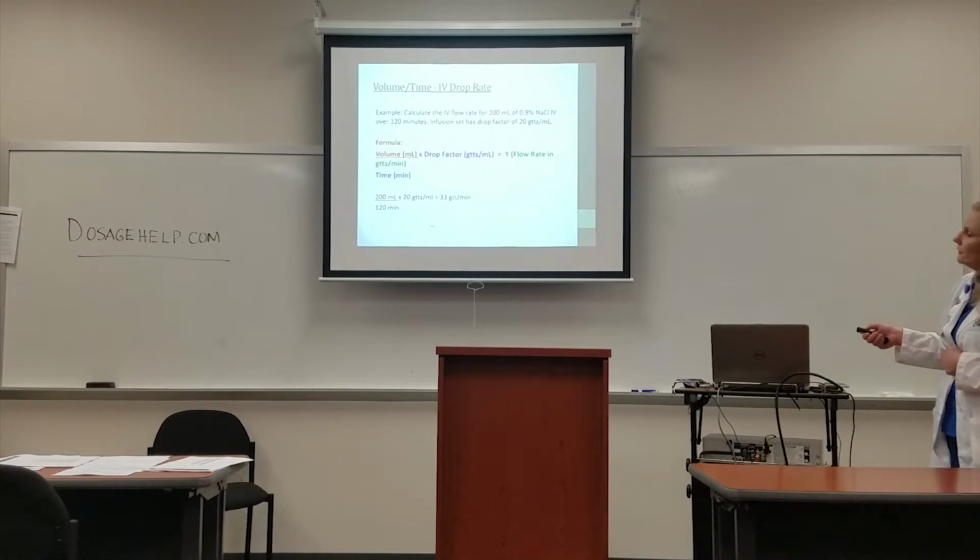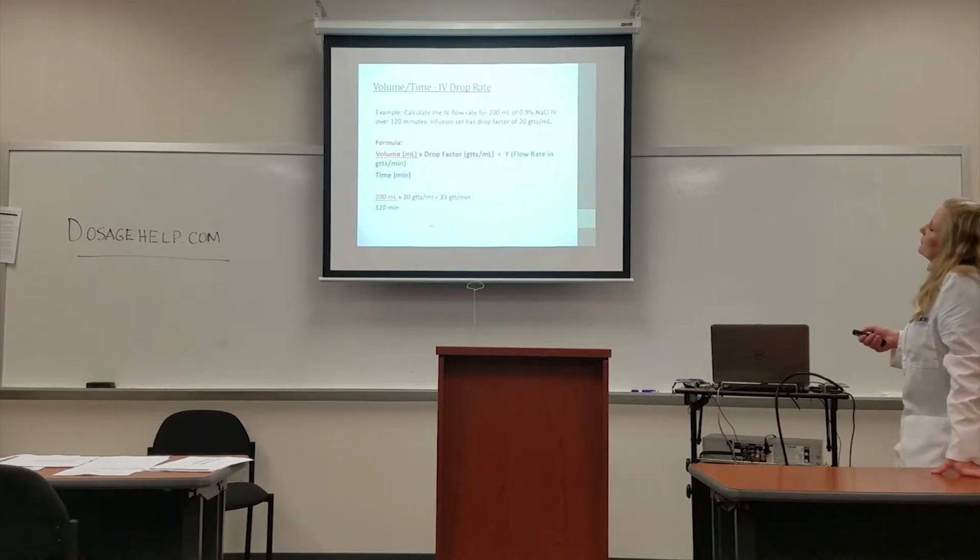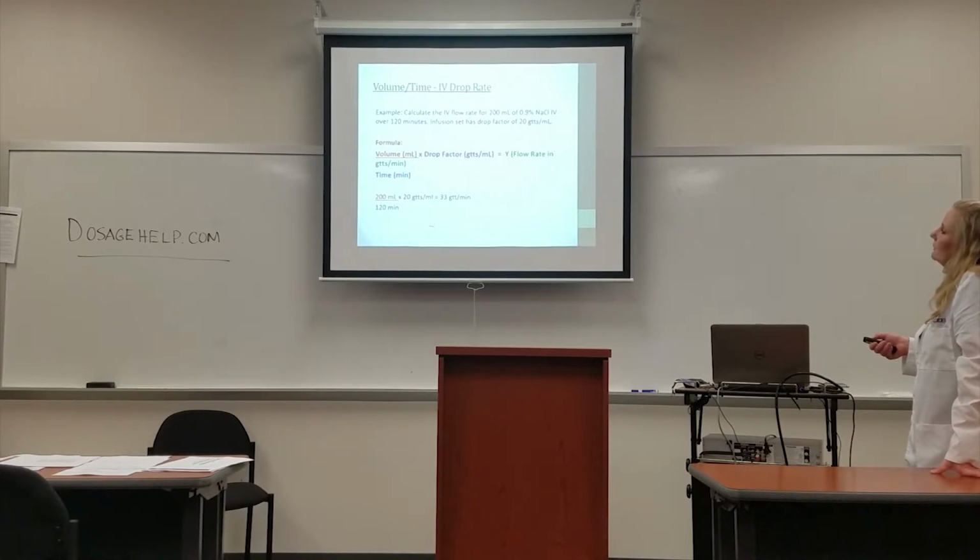So you can look here, and I don't have this one in green, but if you see here, 200 mLs, so that's my volume. 120 minutes is my time, and that's in blue. Times my GTTs per mL is 20. So that's the lavender here, or the purple. And then my answer is in black. And this is my Y, 33 GTTs per minute.